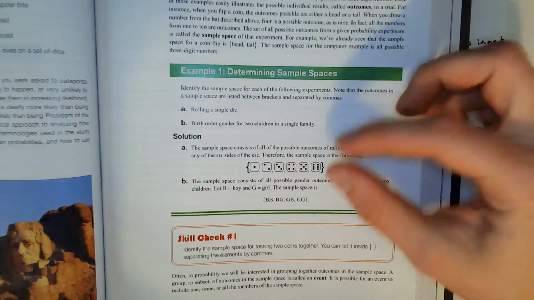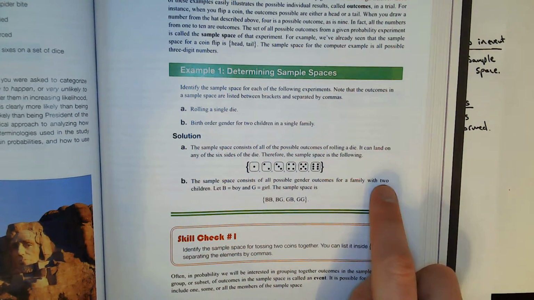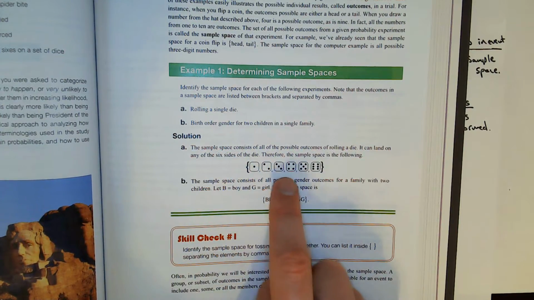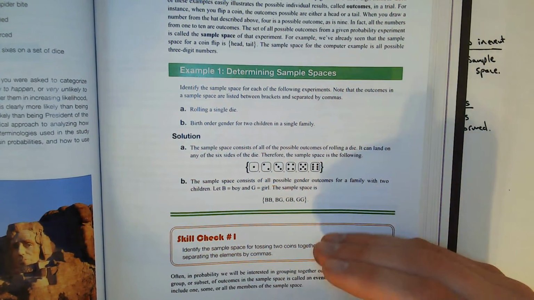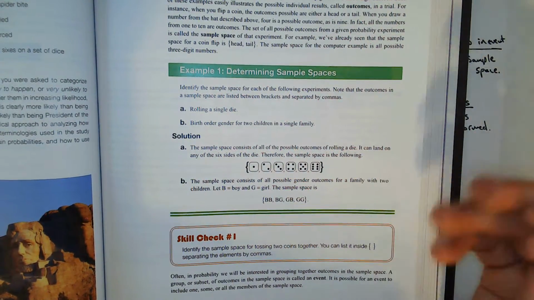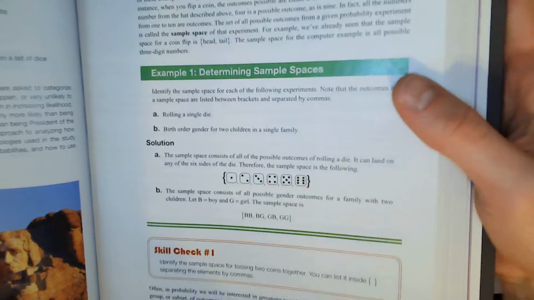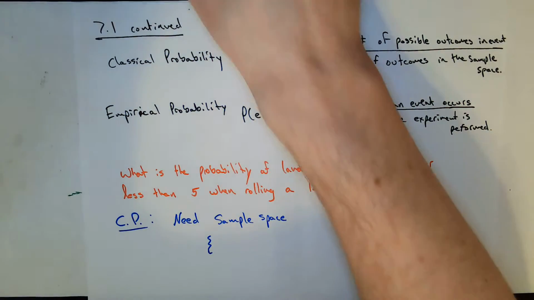The point is, the sample space is not necessarily a set of numbers. It's not like 1, 2, 3, 4, 5, 6. It's rolling a 1, rolling a 2, and so on up to rolling a 6. In this case, same thing: rolling a 1, rolling a 2, all the way up to 12.